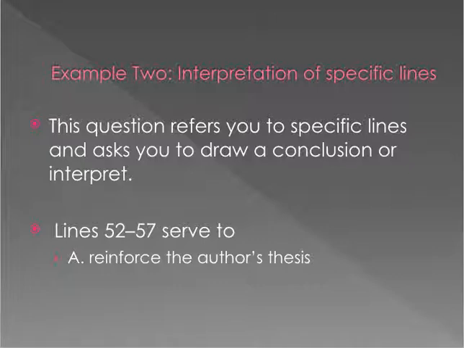The next type of question is where it asks you to look at specific lines. So, for example, "lines 52 and 57 serve to," A, reinforce the author's thesis. So you have to go back and look at those specific lines.